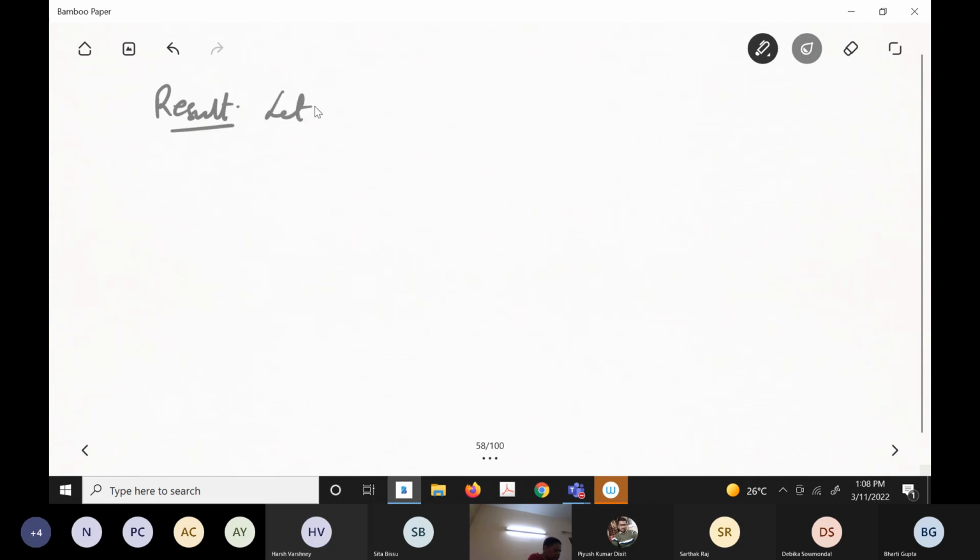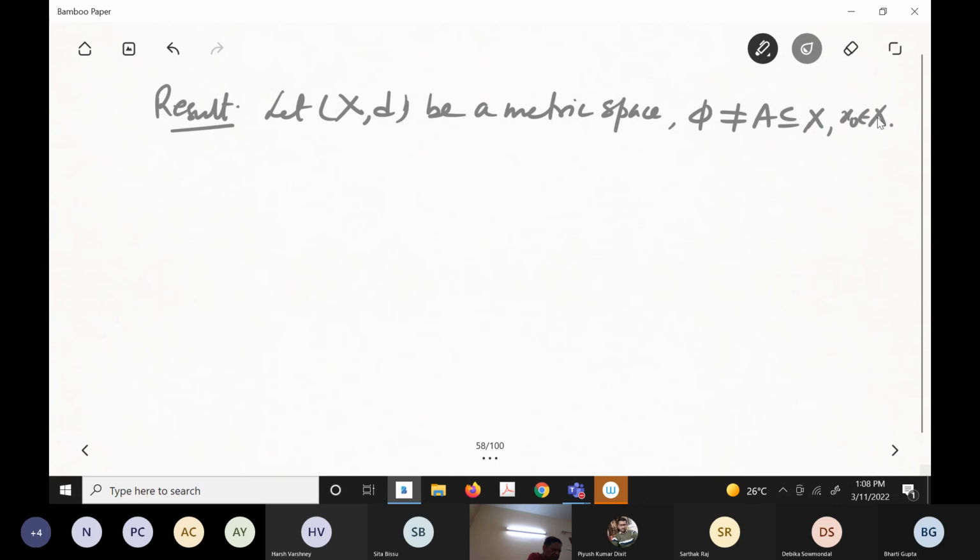Recall that, let (X, d) be a metric space. Actually, I want to go to the Ascoli-Arzela theorem, the more general version. That's why I'm talking about this metric space. Let A be a subset, and x naught belongs to X. The following are equivalent.